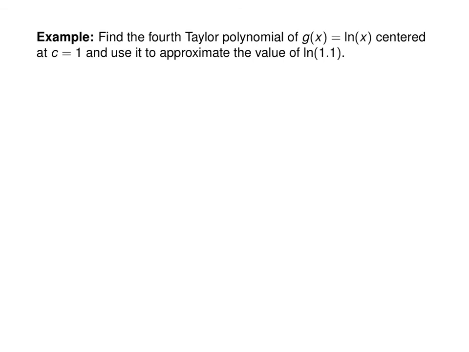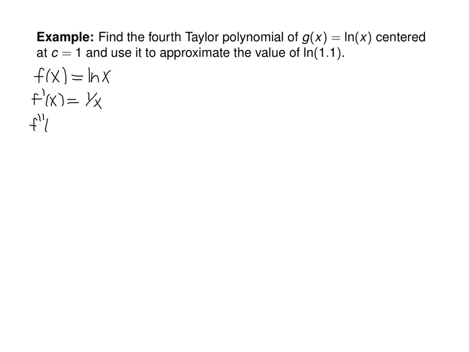Find the fourth Taylor polynomial of g of x equals ln x centered at c equals 1, and use it to approximate the value of ln of 1.1. So here we're going to do a Taylor polynomial, not a Maclaurin one, so we'll have to use the x minus c's. So your original function is equal to ln x. The first derivative is 1 over x.